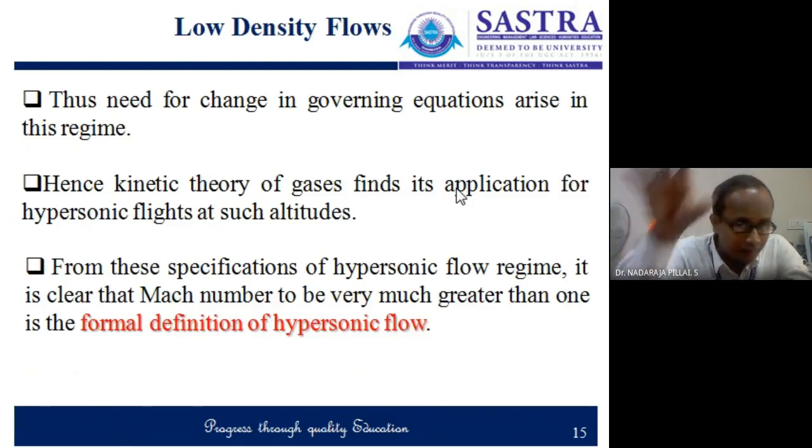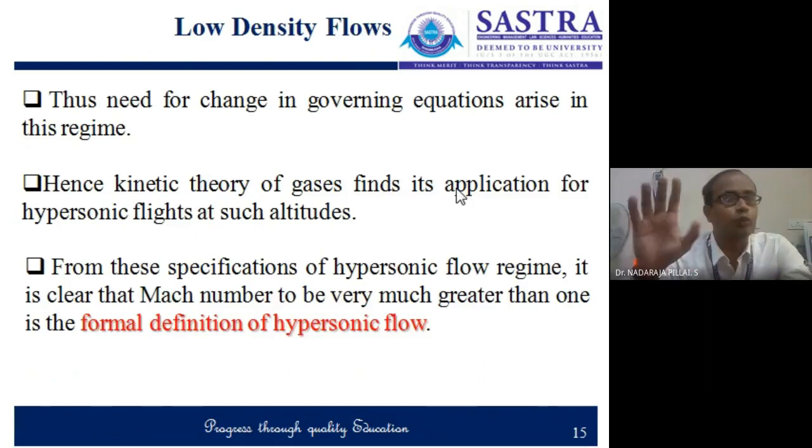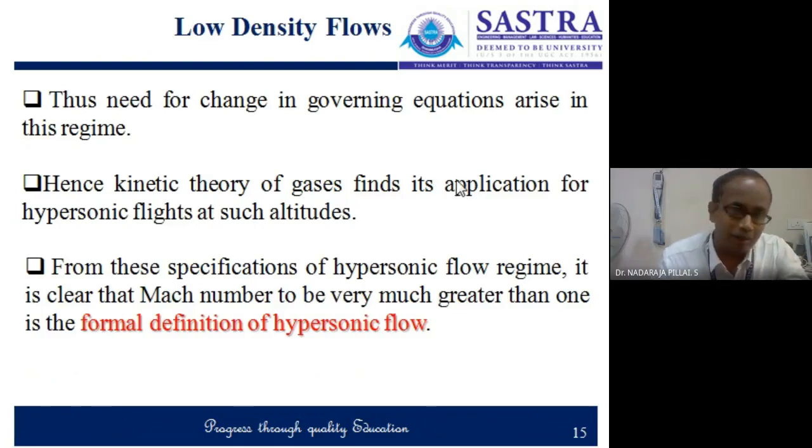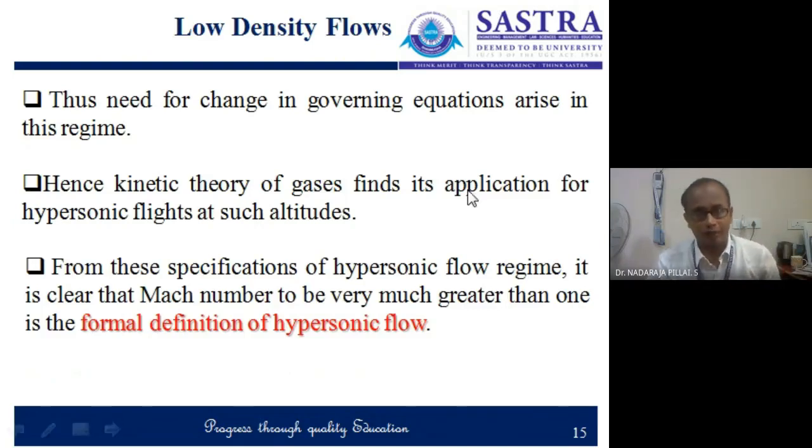So low density flow itself is one of the definitions of hypersonic flow, along with all the other parameters. If one or two of these phenomena occur, then we can say that it is hypersonic flow, right?